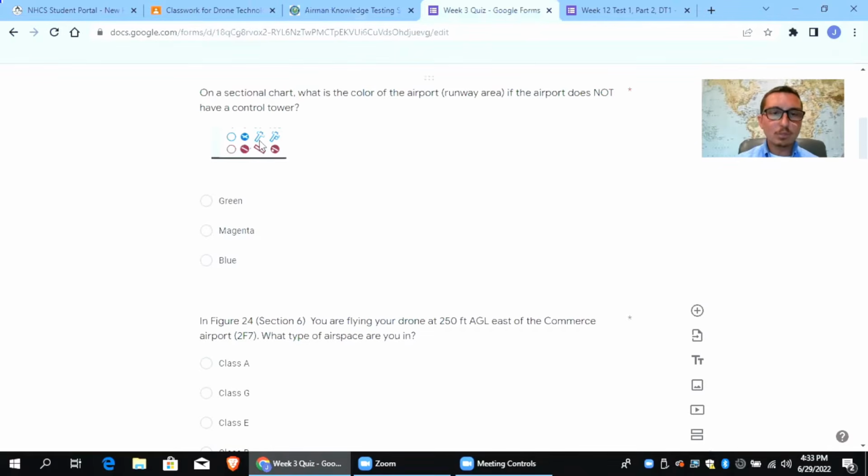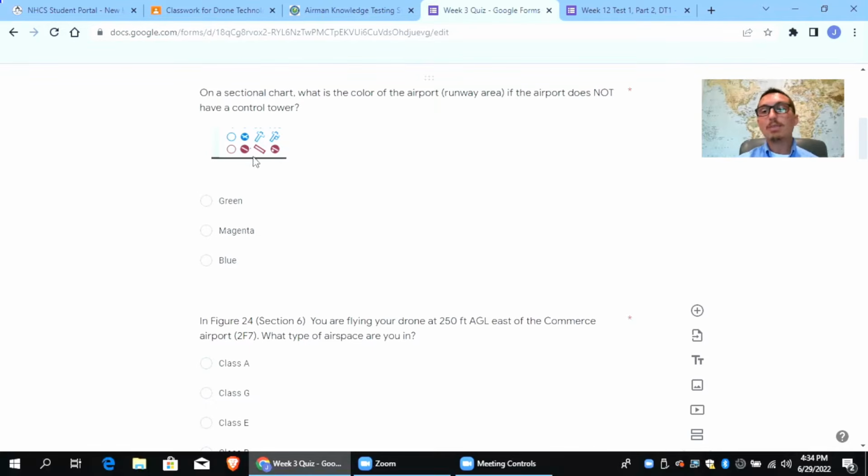So if it's in blue, it means that airport has a control tower, right? An air traffic control tower. If it is in magenta, whatever color you want to call that, that means that airport does not have air traffic control. They do not have an air traffic control tower. Do they have a tower or not?